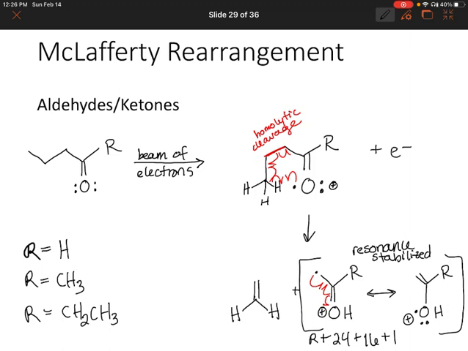And a hydrogen, which is 1. So that equals R plus, let's see, we'd have 30, 41. Okay, so the mass of this carbonyl group here is 41 plus whatever the R group is.